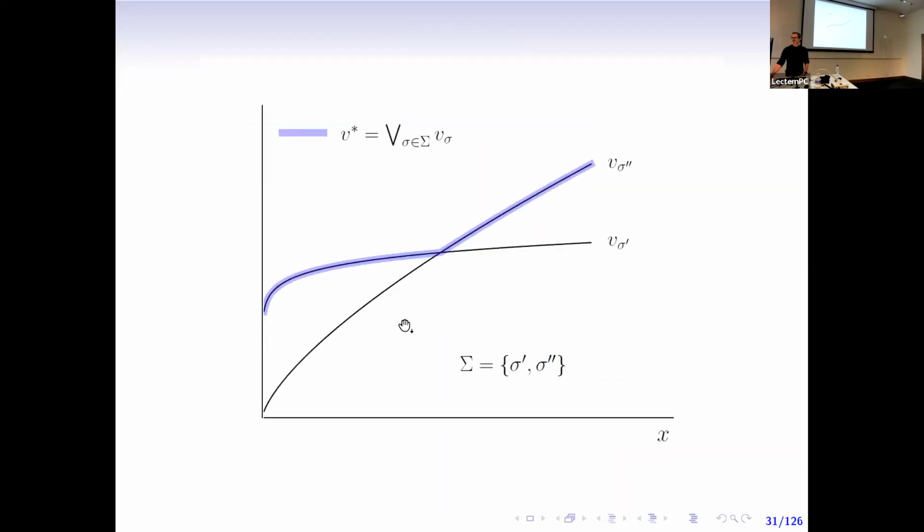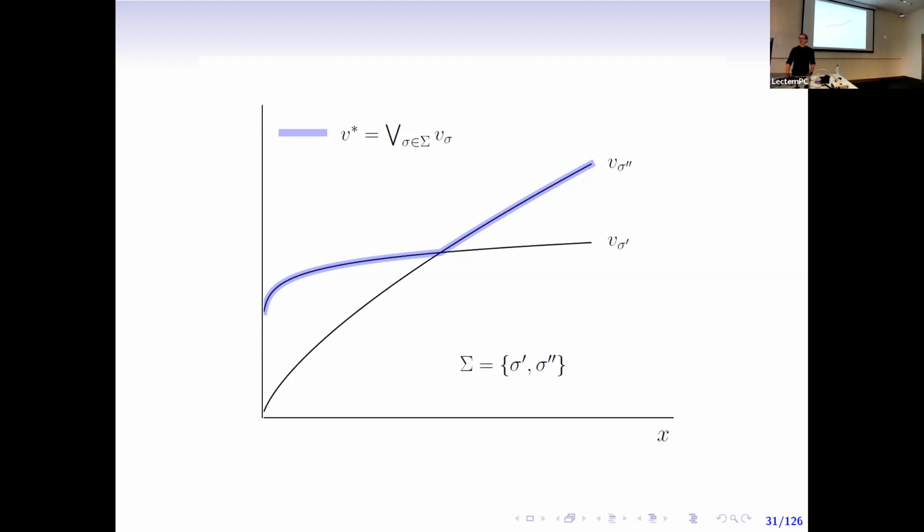So let's look at it like this, again collapsing things down to one dimension. We've got lifetime values, and the value function is the upper envelope of the lifetime values. Now, in the way that I've drawn this, there's no optimal policy.